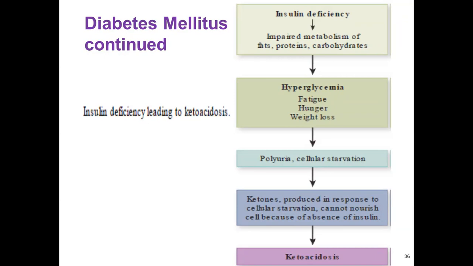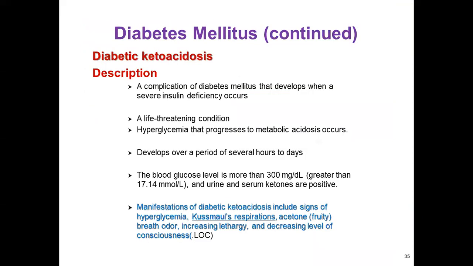But during their metabolism, they produce a byproduct, and this byproduct is ketone bodies. And ketone bodies are an acidic substance. So pH will be altered, right? So the patient develops metabolic acidosis, right? The pH is altered here.